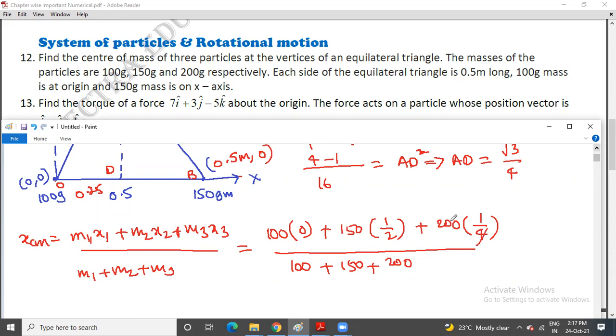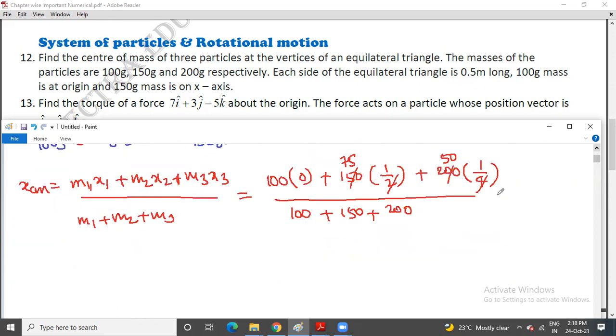So you can cancel with 50 times. You can cancel with 75 times. 75 plus 50 is 125, divided by this is 250, 400.